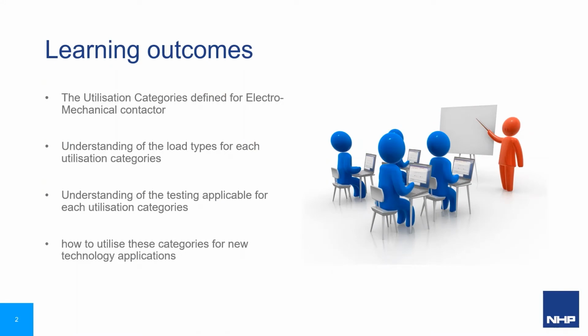The goal of this presentation is to cover the following points for an understanding of the different load types which are switched by contactors, the utilisation categories assigned to these load types, the testing performance requirements for the different categories, and how utilisation categories may need to be interpreted in some applications, where technology of some electrical equipment types have changed in recent times to improve energy efficiency.